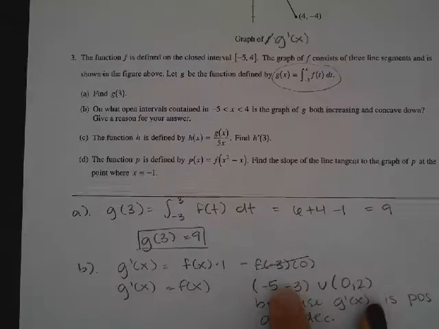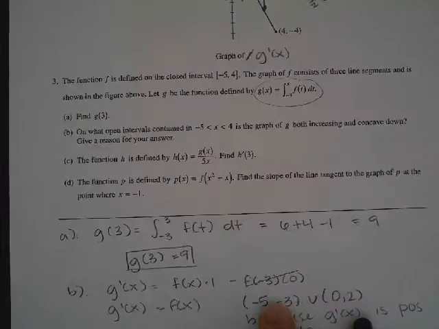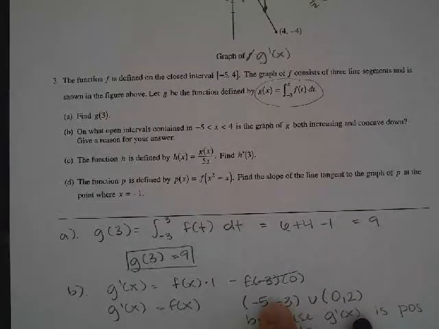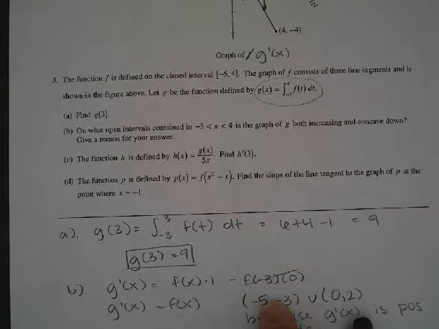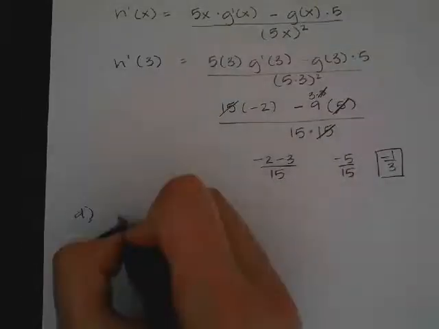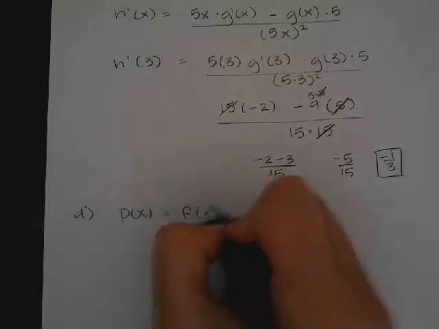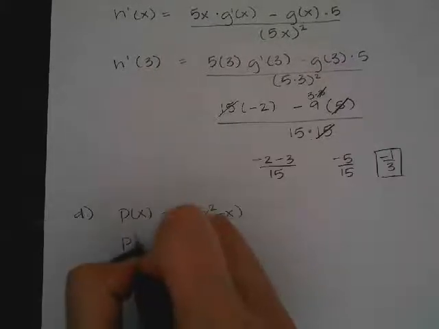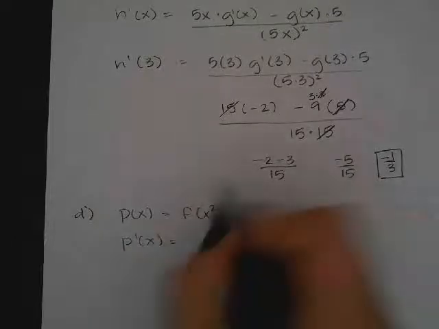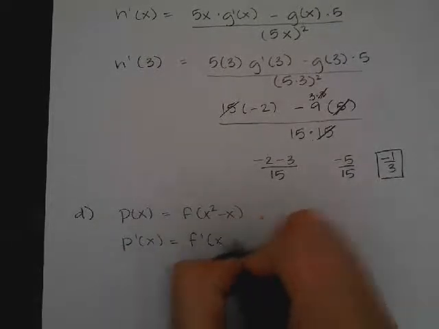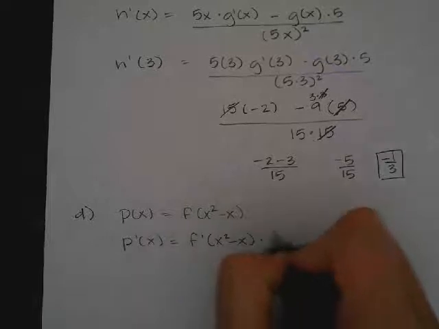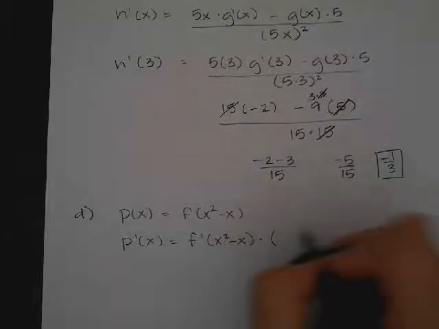All right, and then part D gives you p of x is f of x squared minus x, and they want the slope of the tangent line where x equals negative 1. So p of x is f of x squared minus x. p prime of x is the derivative of the outside, keep the inside the same, multiply by the derivative of the inside.